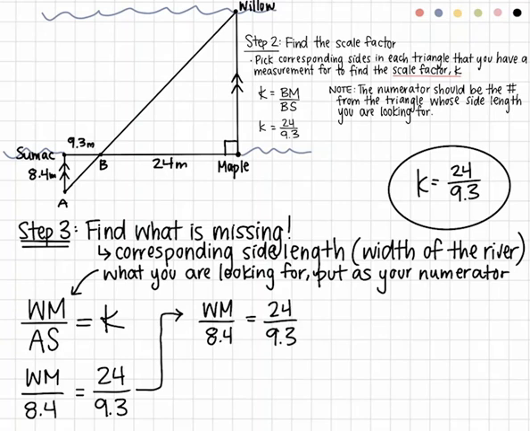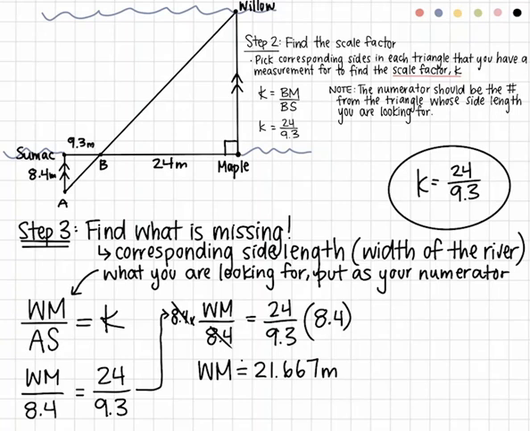Now to isolate side length WM, I'm going to multiply both sides, so I can cancel out my 8.4 and isolate WM. So WM is going to equal approximately 21.667 meters.